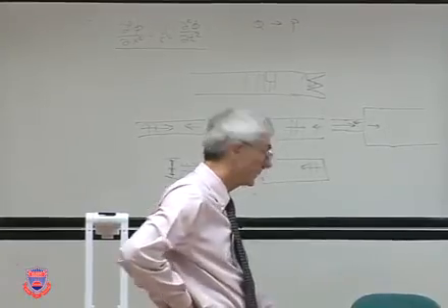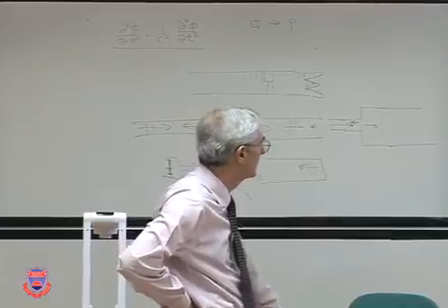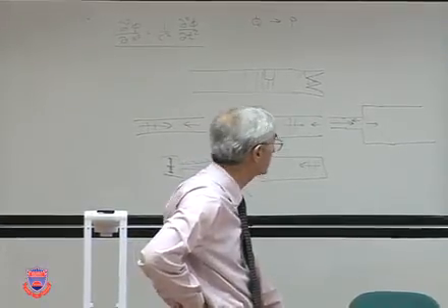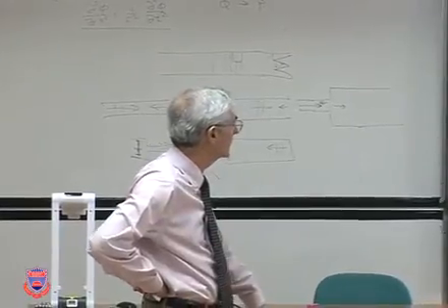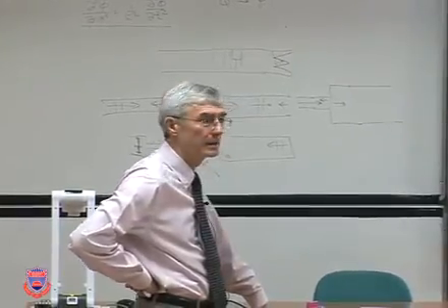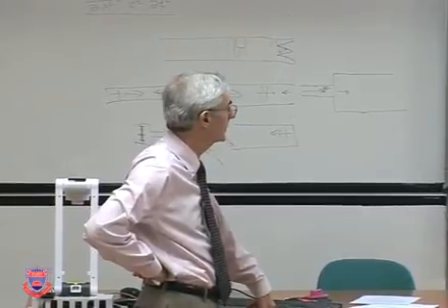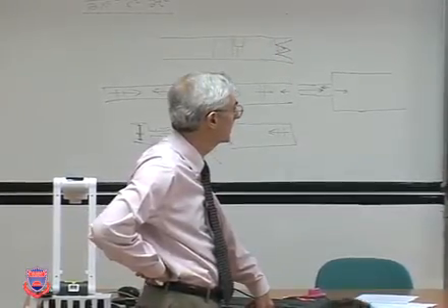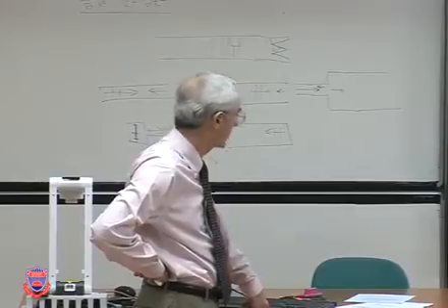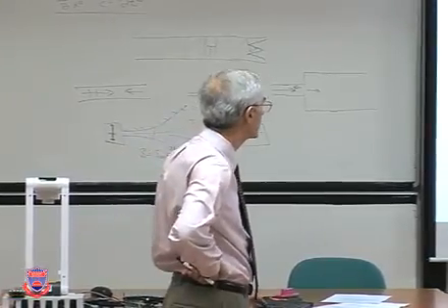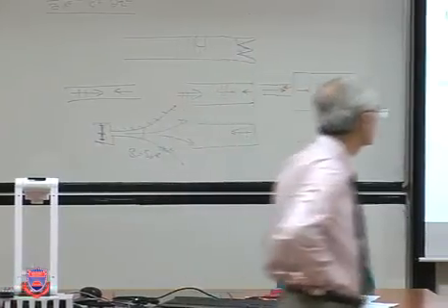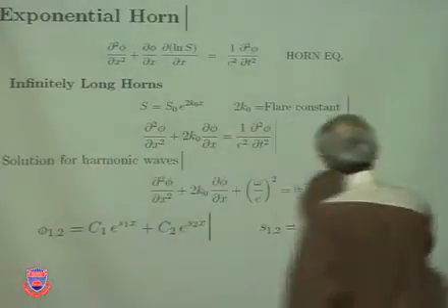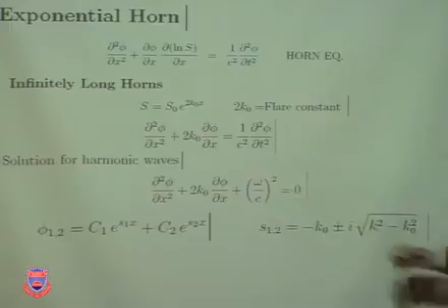Okay, second order differential equation and general solutions, where the square root is written as a combination of k0 and k squared. Now k itself is the wave number, omega over c.